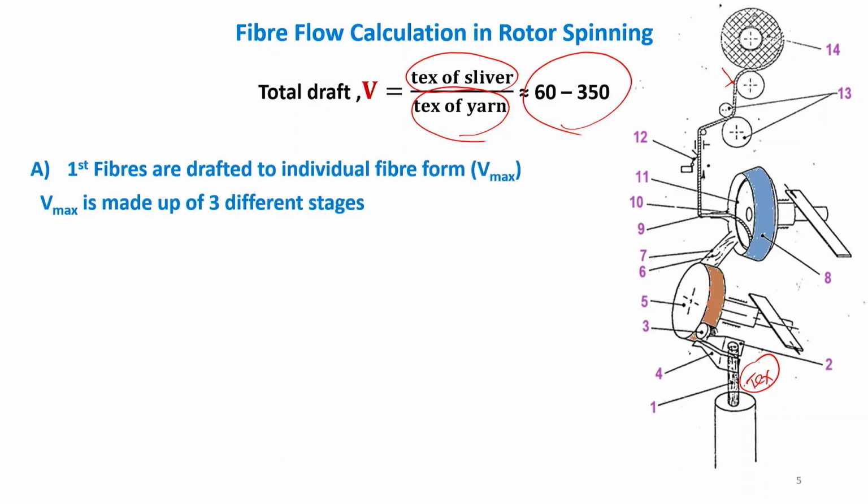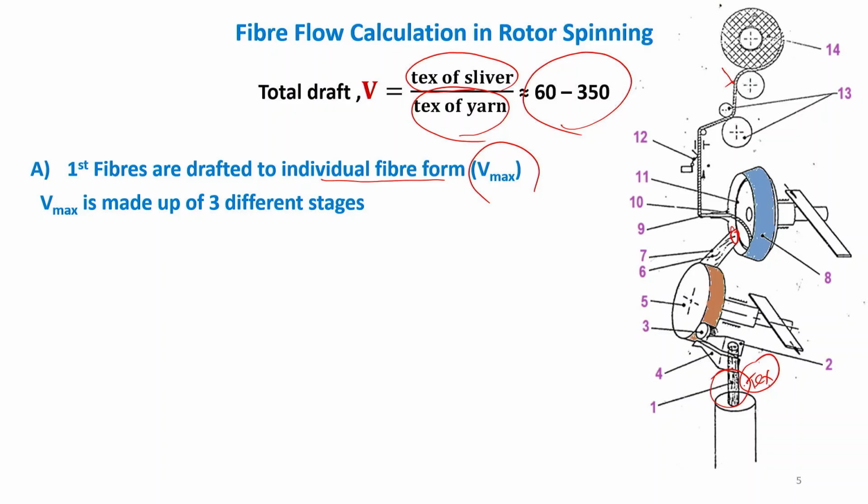Now let us see the draft at each stage. In the first stage, the fibers are drafted to the individual fiber stage, which is the maximum draft. The fibers from the sliver are drafted to the individual fiber stage up to the rotor groove.